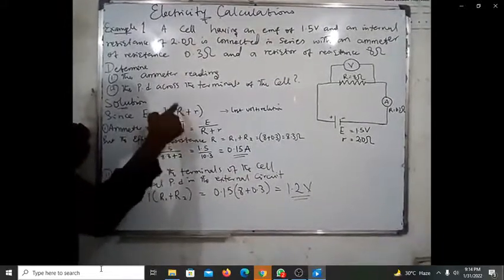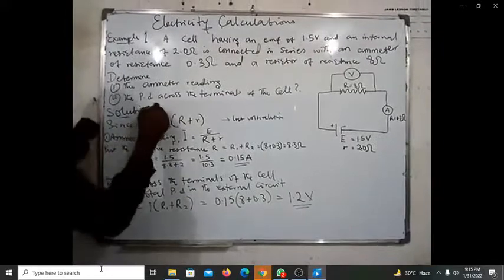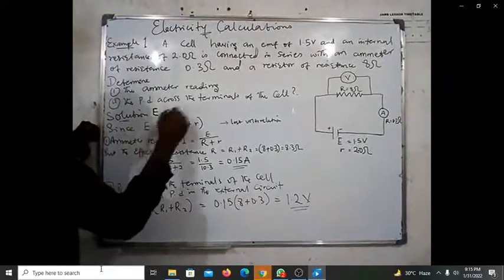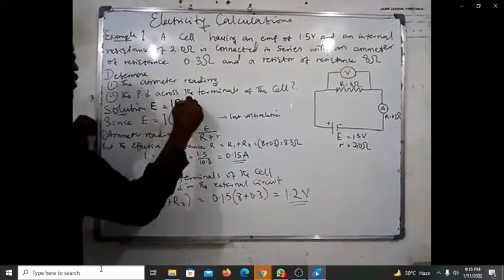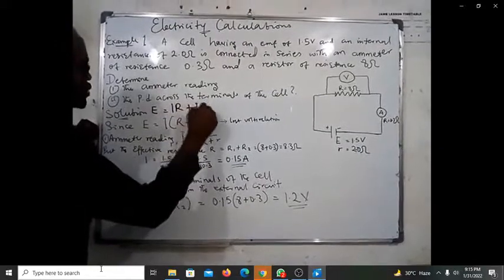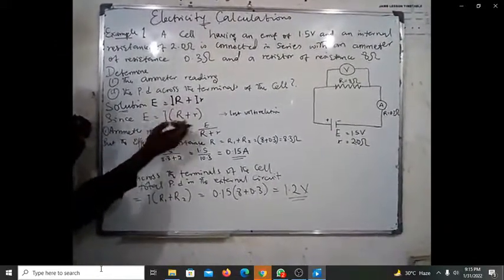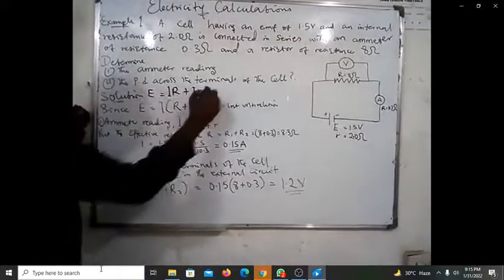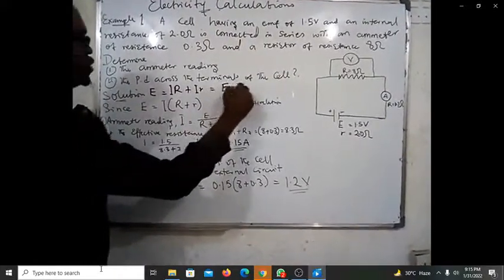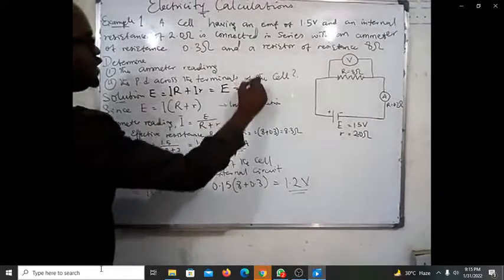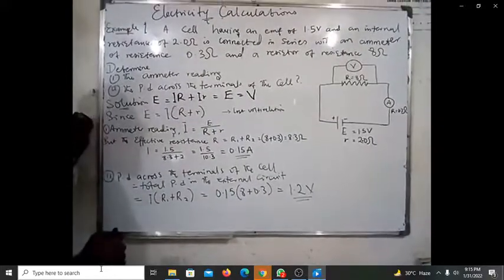So we have E equal to I in bracket. This thing, if you are writing it in full, what you should have had is E is equal to I big R plus I small r. Is it not? You took I out of the bracket, that's why you saw it. And we know that this I big R is V, is it not?